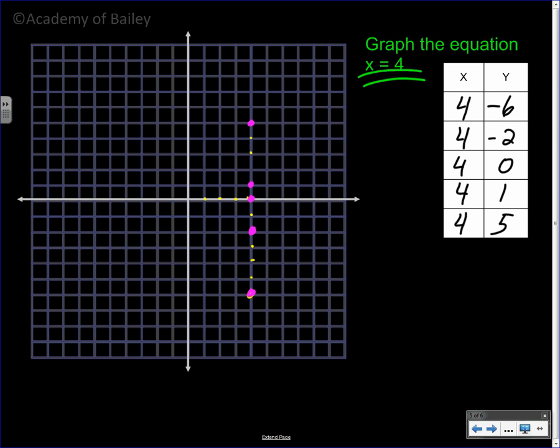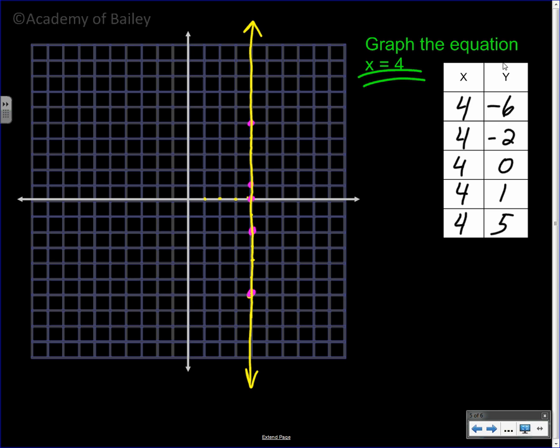And what do you notice about these points? These points form a straight line, but they form the straight line in which the equation is x equals 4. And once we connect those points and keep going on in both directions, putting arrows on the ends means that the line extends forever in each direction.